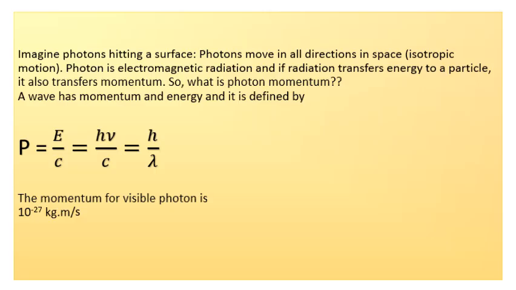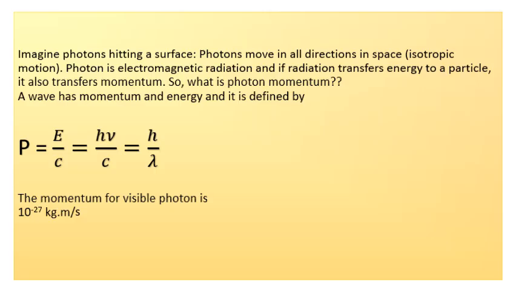A photon is an electromagnetic radiation, and if a radiation transfers energy to a particle, it also has to transfer momentum. But a photon doesn't have a mass, and momentum was defined for something that has mass. So what is this photon momentum?